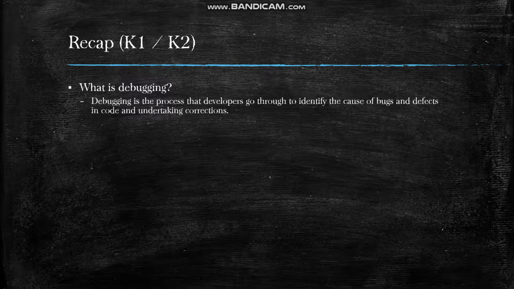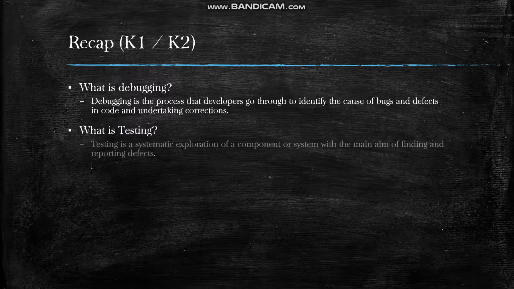So a quick recap on this first chapter. What is debugging? Debugging is the process that developers go through to identify the cause of bugs and defects in code and undertake corrections. What is testing? Testing is a systematic exploration of a component or system with the main aim of finding and reporting defects.